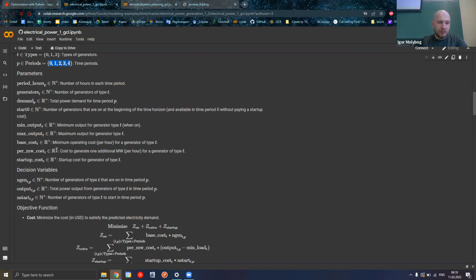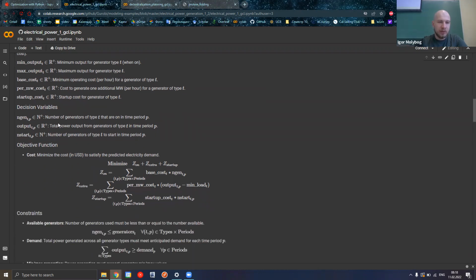You have the cost per megawatt, which is the cost to generate 1 megawatt per hour above the minimum of the generator, and you have the startup cost for a generator.